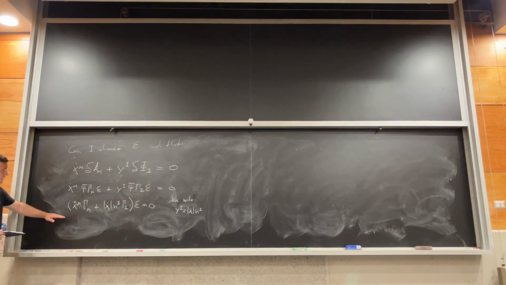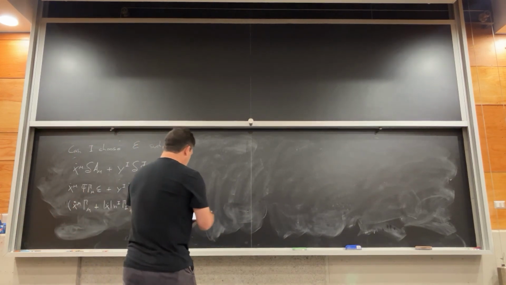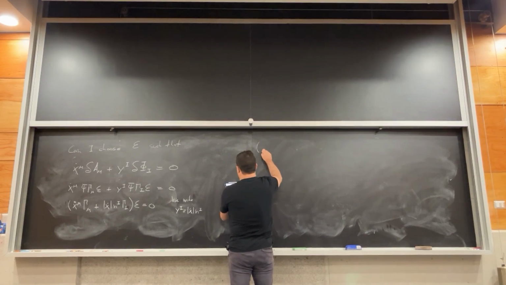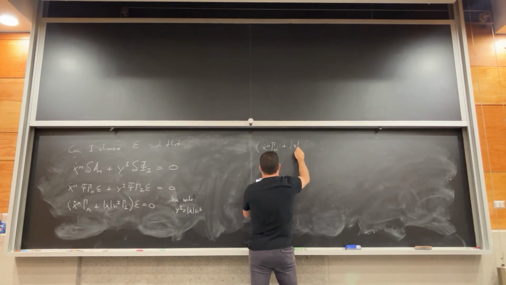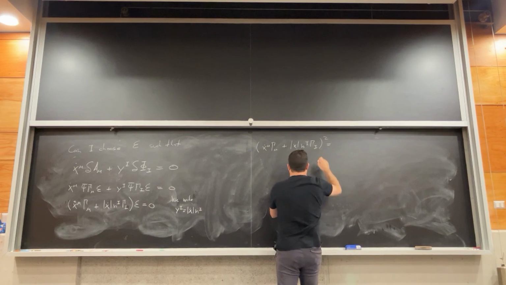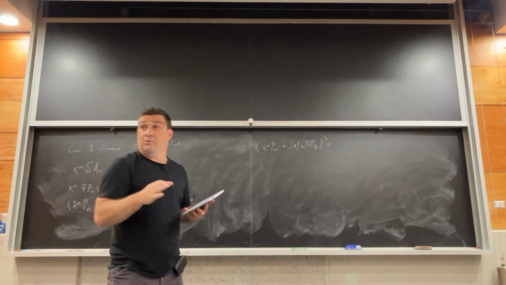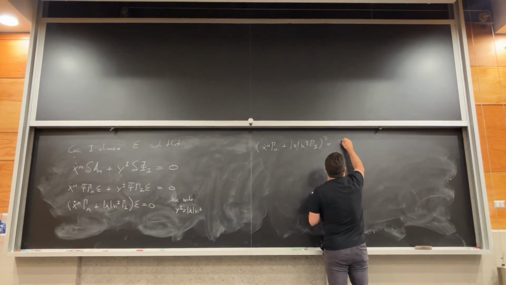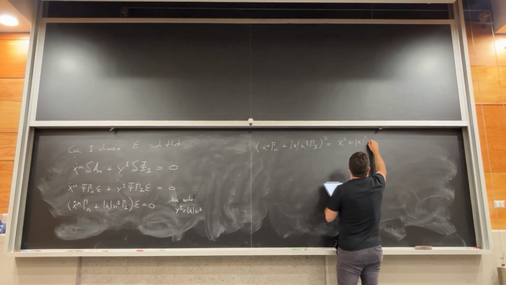So, if this is true, then it's also true if I square this, that also has to be 0. Do you agree? So, I will get some condition if I take x dot mu gamma mu plus x dot n I gamma I squared, and actually, if you use the Clifford algebra for the gamma matrices, you will find that this is proportional to the identity, and it's actually x dot squared plus norm of x dot squared times n squared.